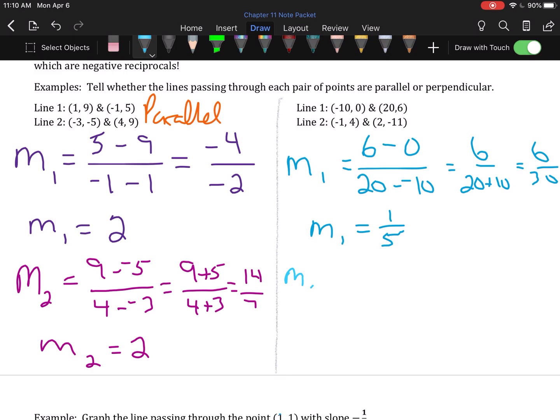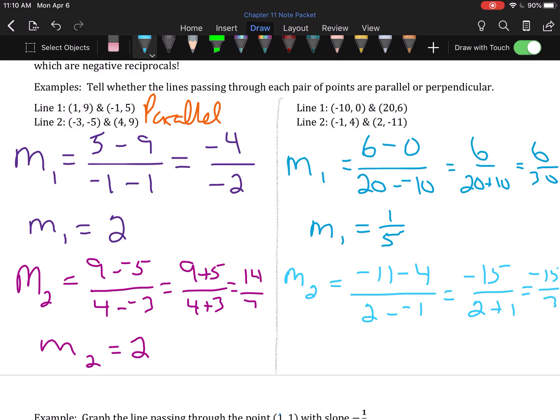Let's check out the slope of line 2. That's going to be -11 minus 4 over 2 minus -1. -11 minus 4 we can do. That's -15. 2 minus -1 we have to change into 2 plus 1 before we can do it.